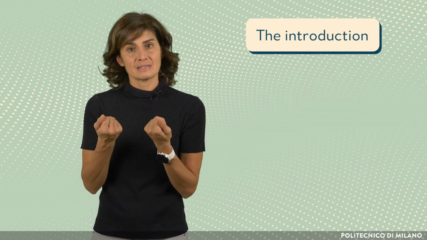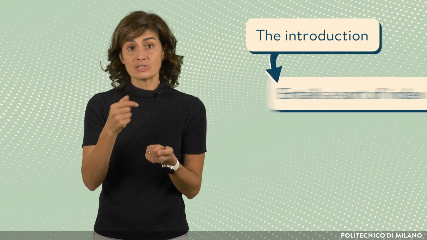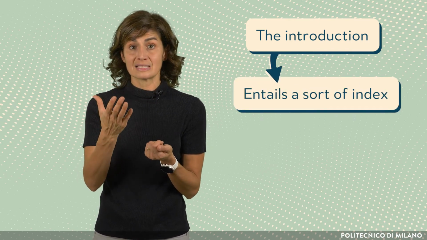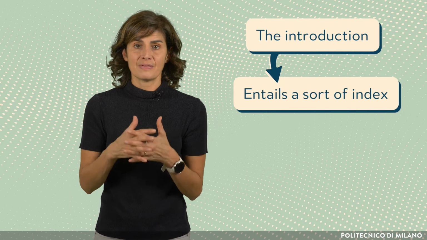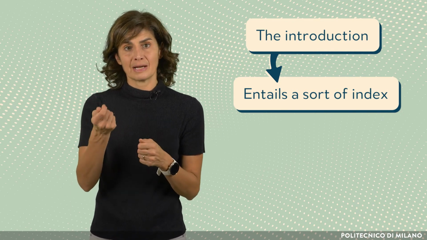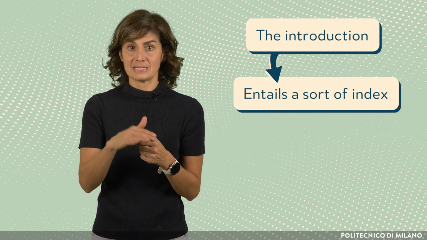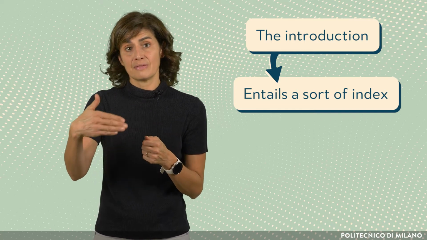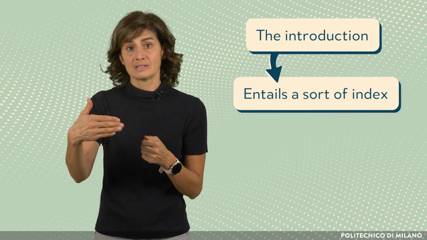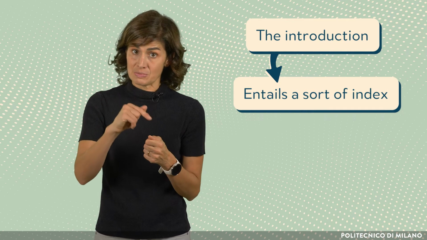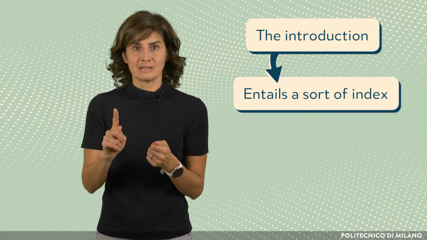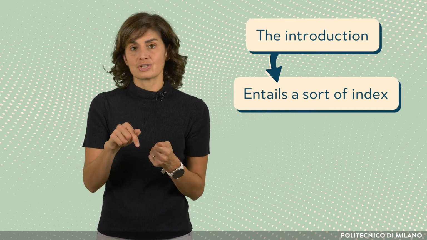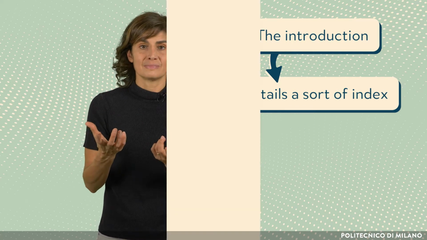In some cases, the introduction also entails a sort of index of the paper. Something like, in the following paragraph, the state of the art will be presented. Next, the method will be introduced. In the abstract, as we said, this is forbidden, while in the introduction, it is allowed.